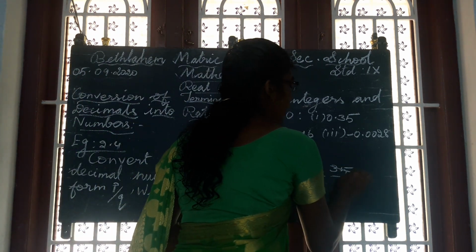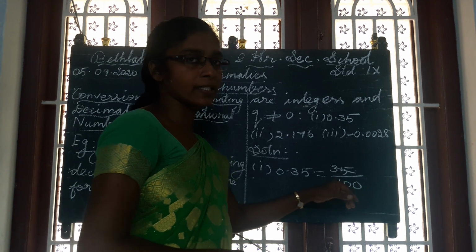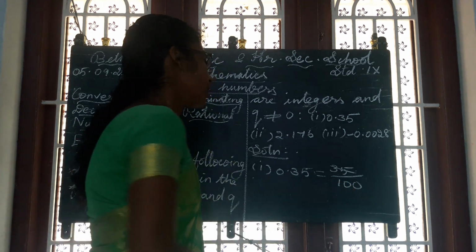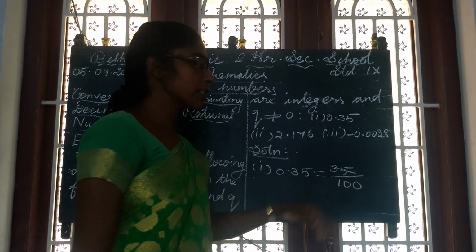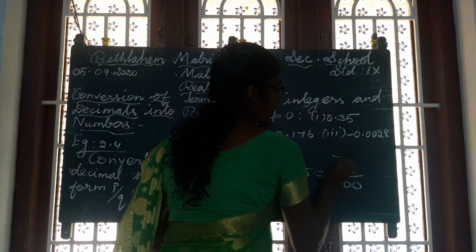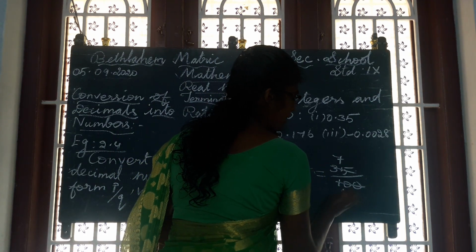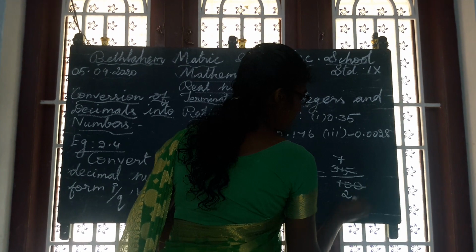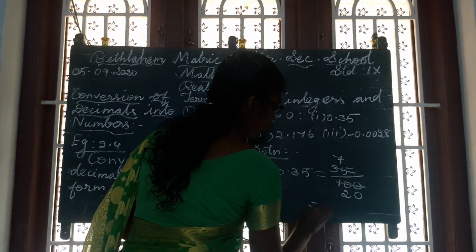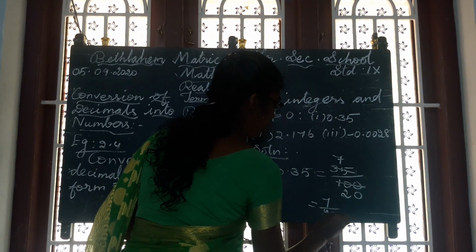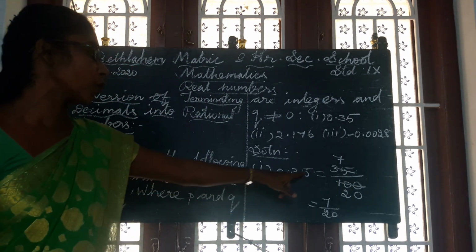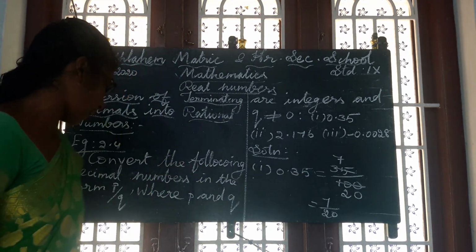Then we have to cancel this. Can we cancel? Yes, by the 5 table. 7 times 35, and 2 times 100. It's equal to 7 by 20.